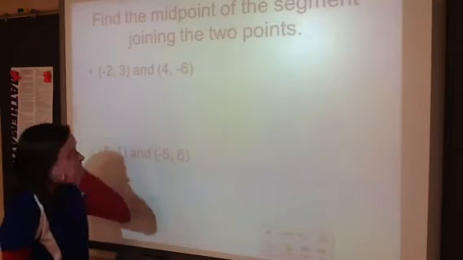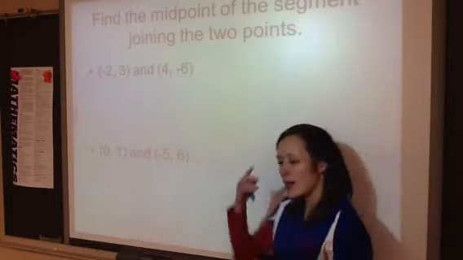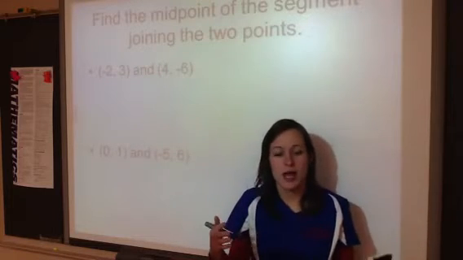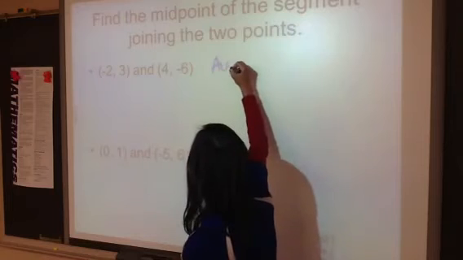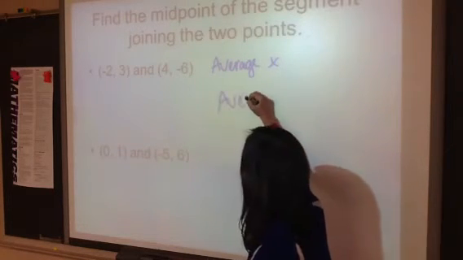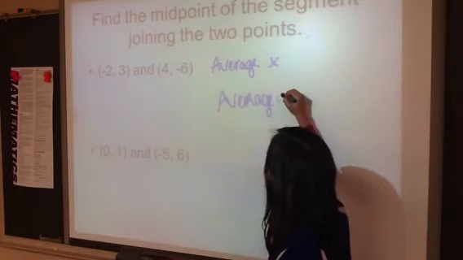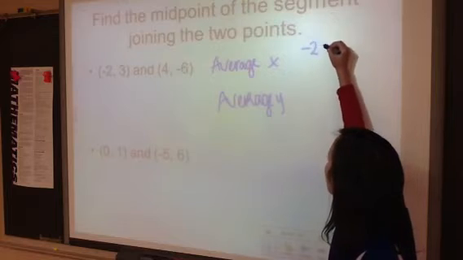The next part, you found the midpoint between 2 points. When I think of midpoint, or the middle, I think of average. So I'm going to average my x's, and I'm going to average my y's. If I average my x's, I have -2 and 4.